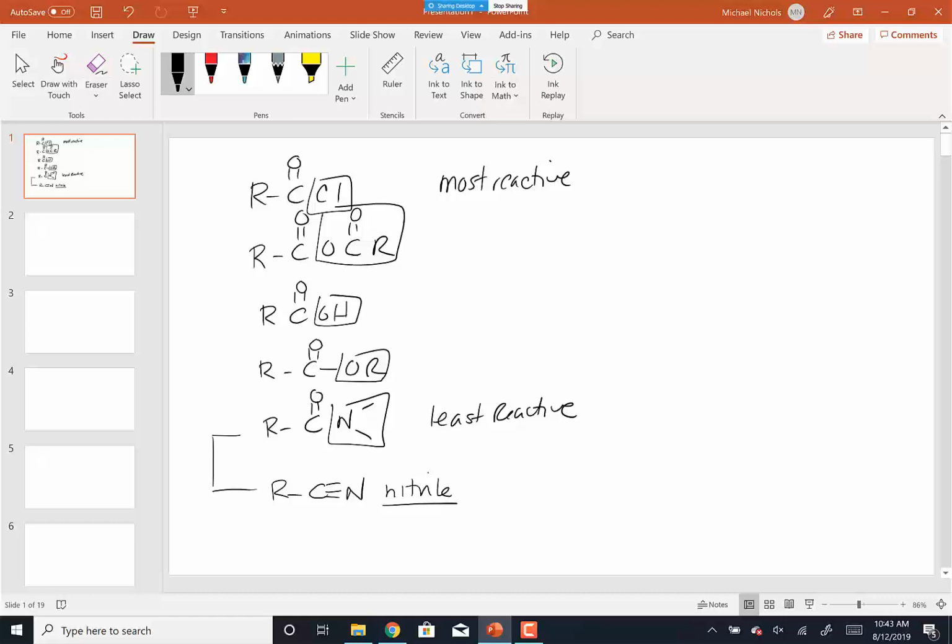So we have two that are kind of left here to go over a couple of things quick. So everything above can be turned into something below. So when you get to amide, you're at the bottom of the list. So everything above it can be turned into an amide, but what can an amide be turned into?